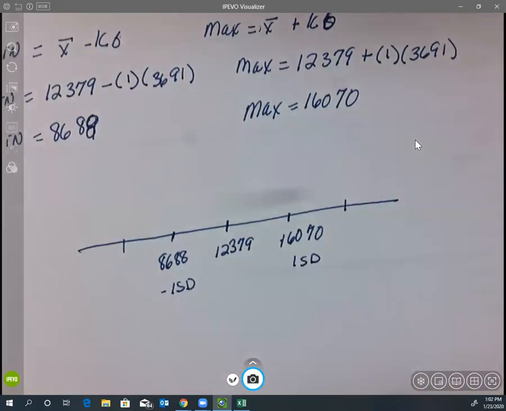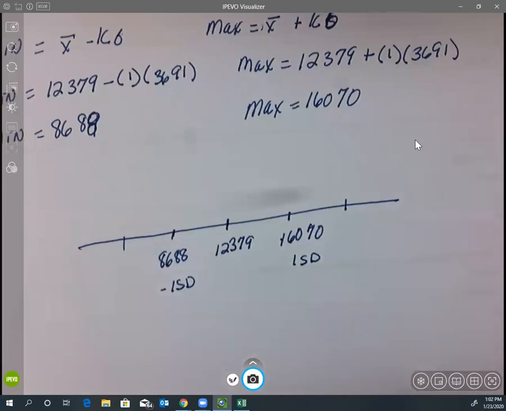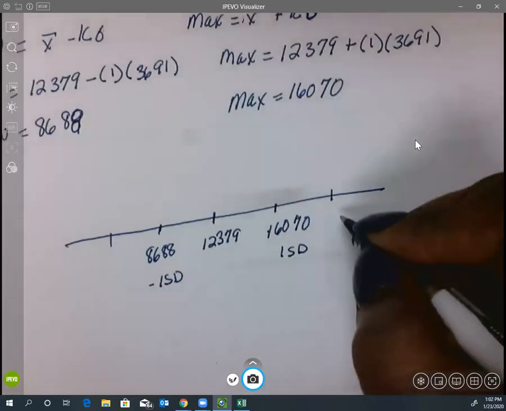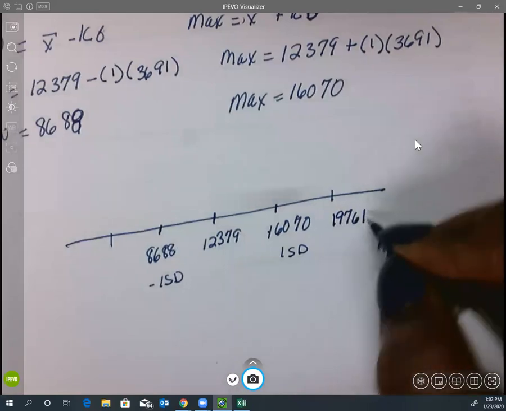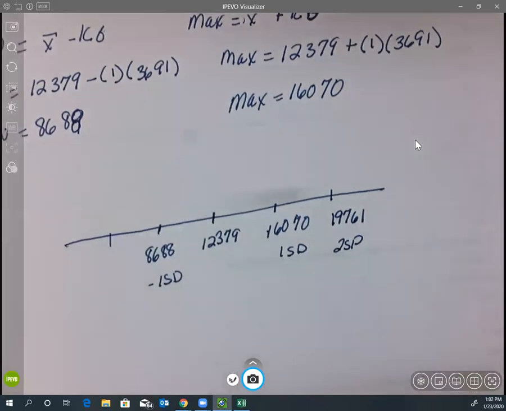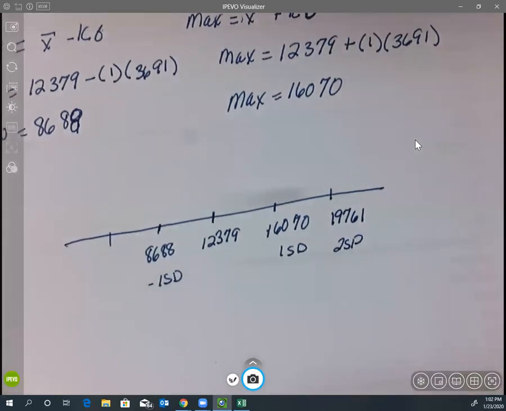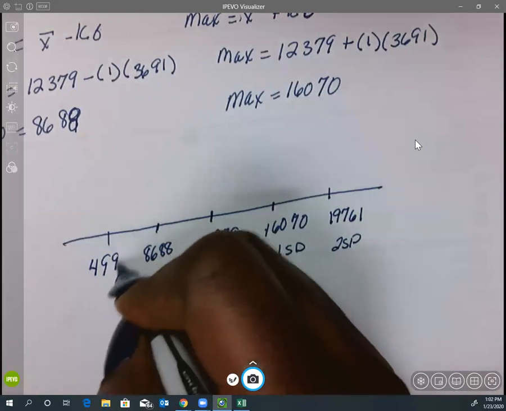We could go out two standard deviations by simply adding another standard deviation of 3691. That gives me 19,761. On the other side, 8688 minus 3691 gives us 4997.